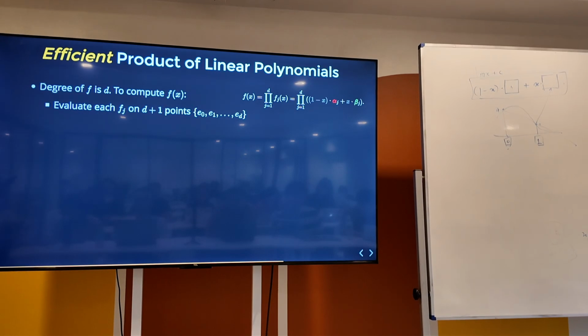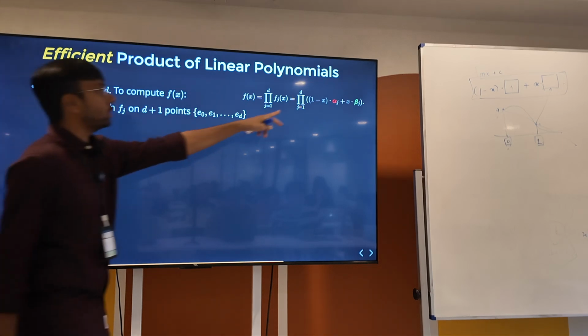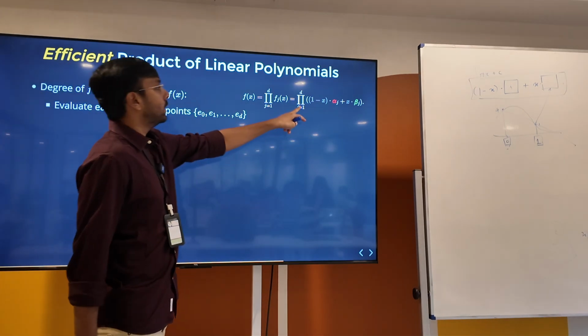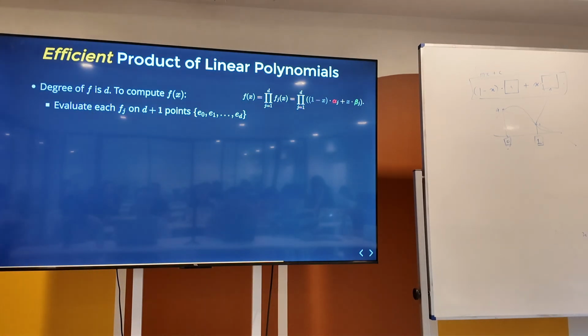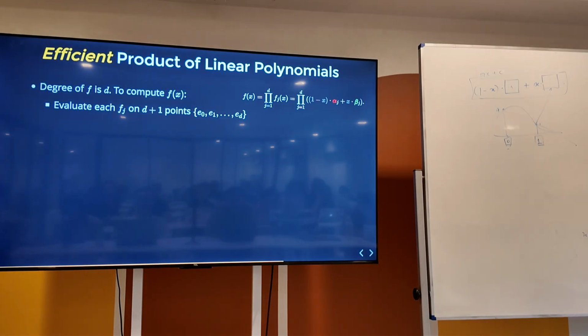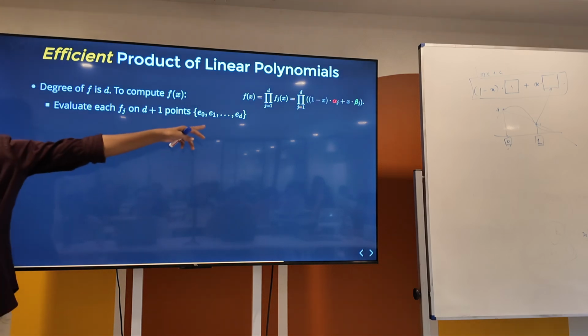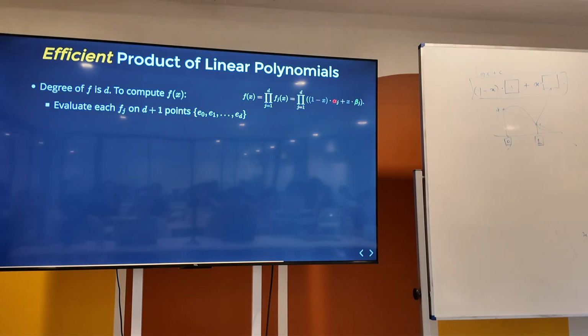So we evaluate each polynomial on d plus 1 points. Why d plus 1? Because the degree is d, right? You have linear polynomials, and then you are multiplying d such linear polynomials, so the degree is d. So you take any d plus 1 points, just like in NTT, you can take any set of evaluations.